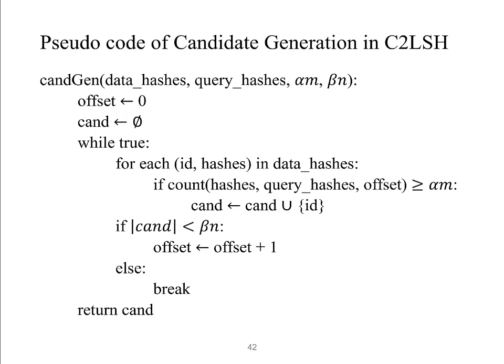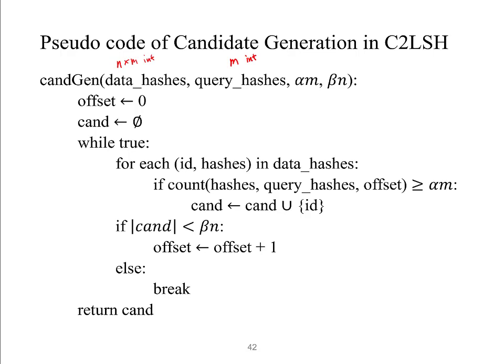As the input, you would have the data hashes, which would be n times m integers, because for each of the n data you would have m hash values, and the query hashes, which is m integers corresponding to the m hash functions.